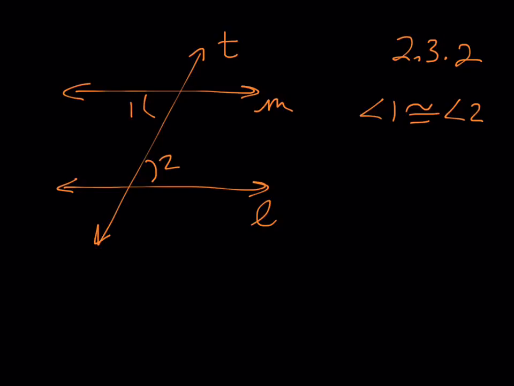Right? So this is a really short proof, this one's included in the textbook, but you could just look at angle 3 here. That's a vertical angle to 1. And you could say that angle 3 is congruent to angle 1 since they're vertical angles, and we know vertical angles are congruent.